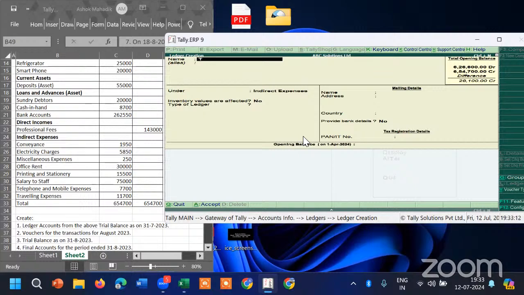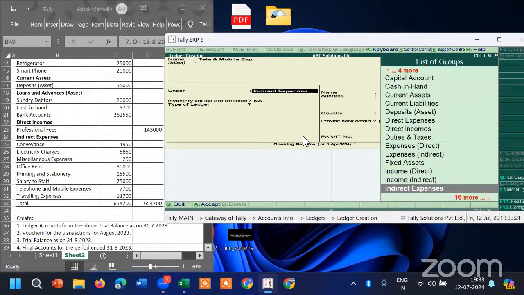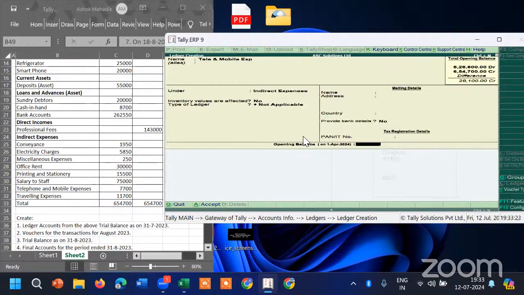Telephone and mobile expenses, amount is 7,700. Next is traveling expenses. Amount spent till now is 11,700.